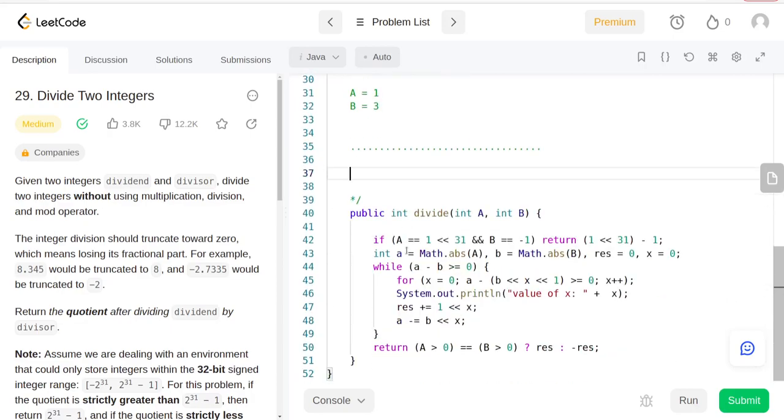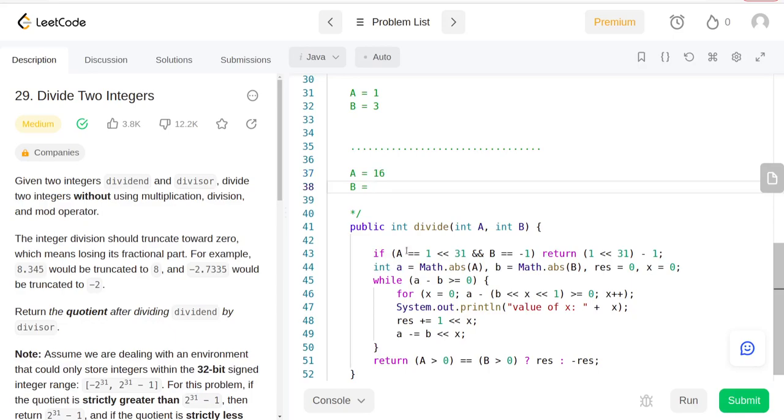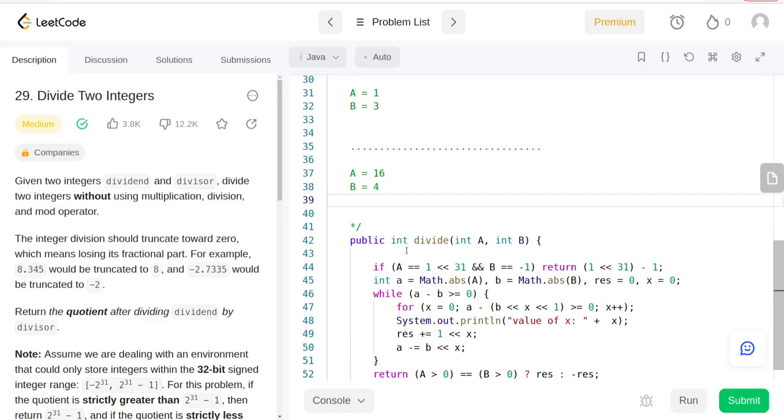Let's take another example of a equals to 16 and b equals to, let's just say, 4, right? In this case, the first thing is we're gonna keep multiplying b by 2.